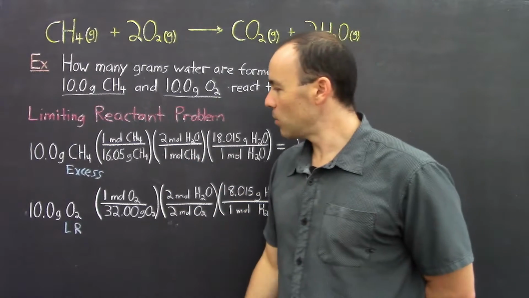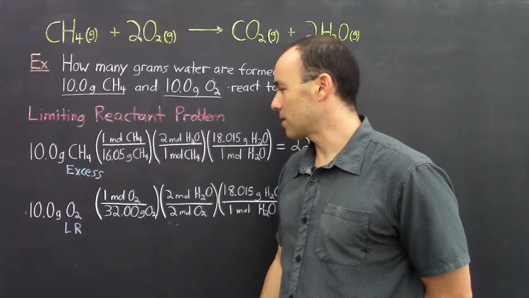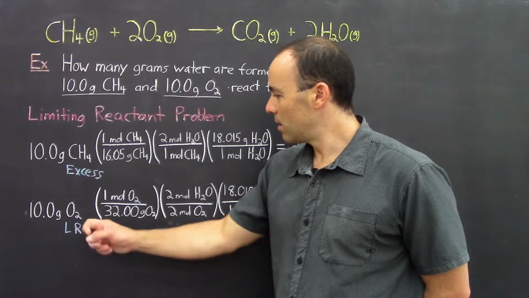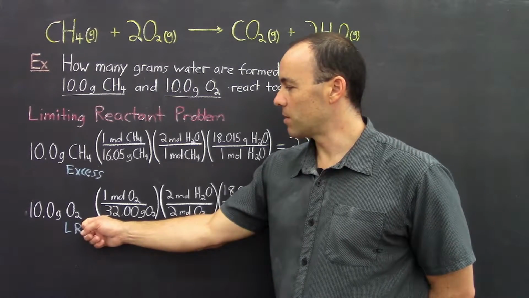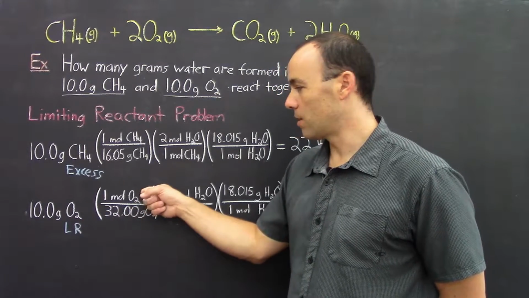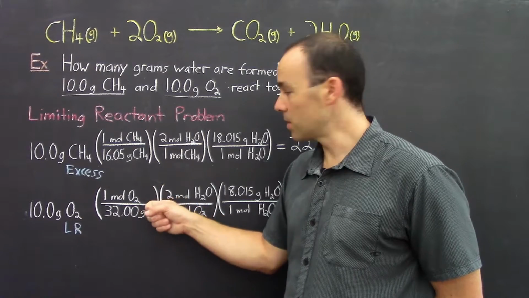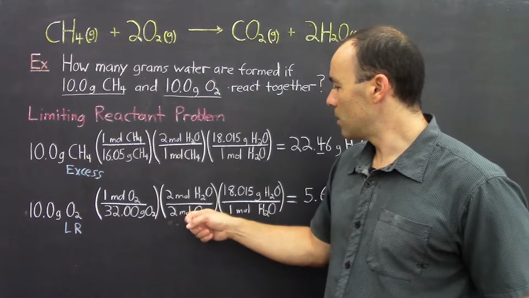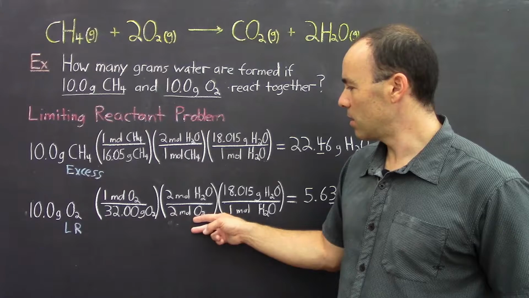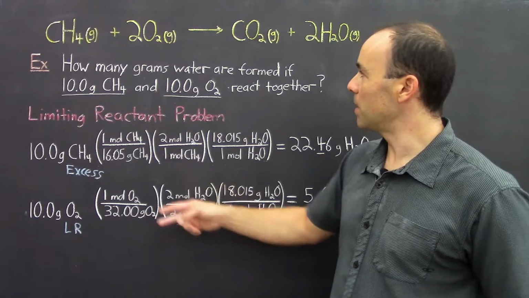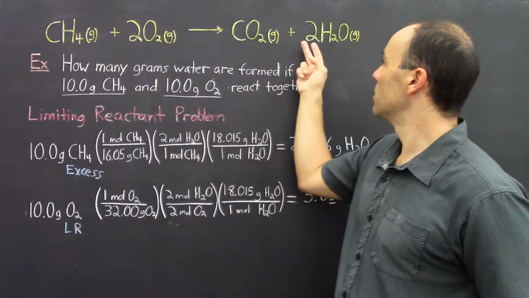Now, if you assume all of the oxygen reacts, then you would convert 10 grams of oxygen to moles of oxygen. 1 mole is 32 grams. And then 2 moles of oxygen gives you 2 moles of water because of the coefficients 2 and 2.